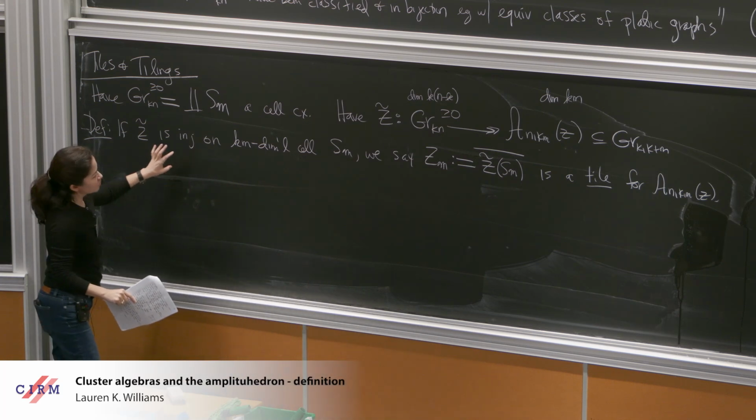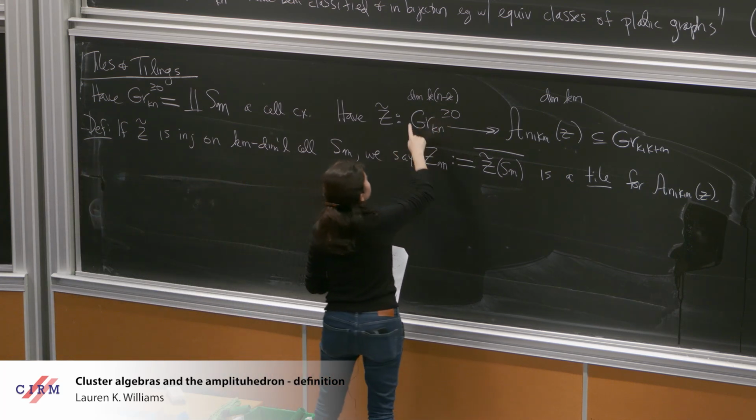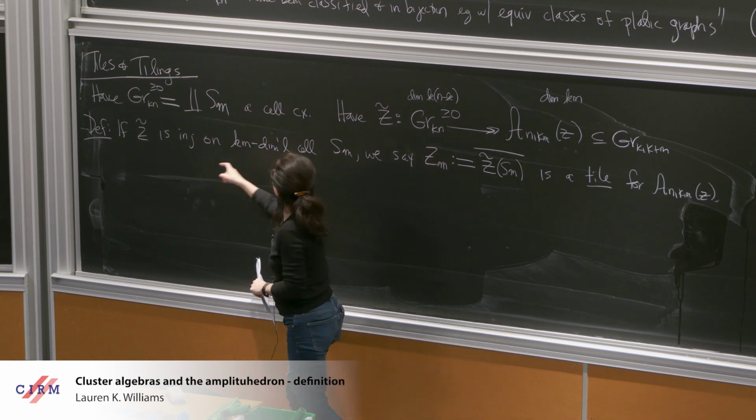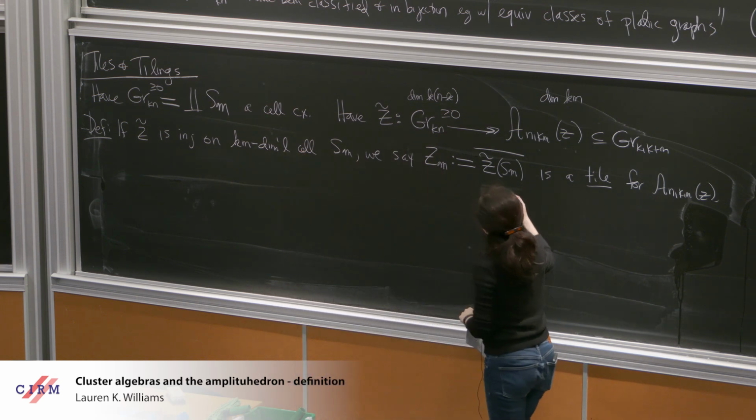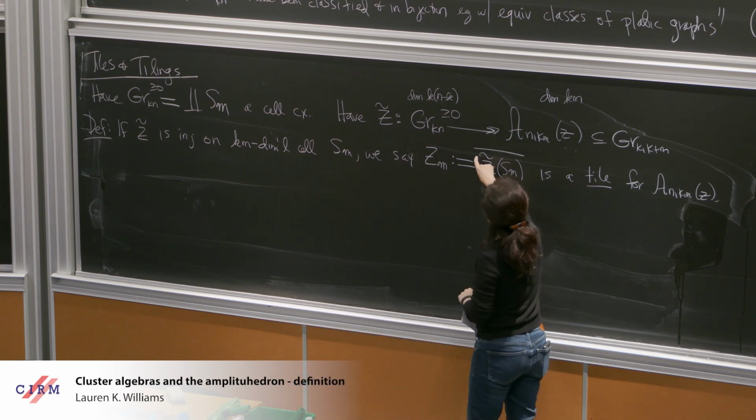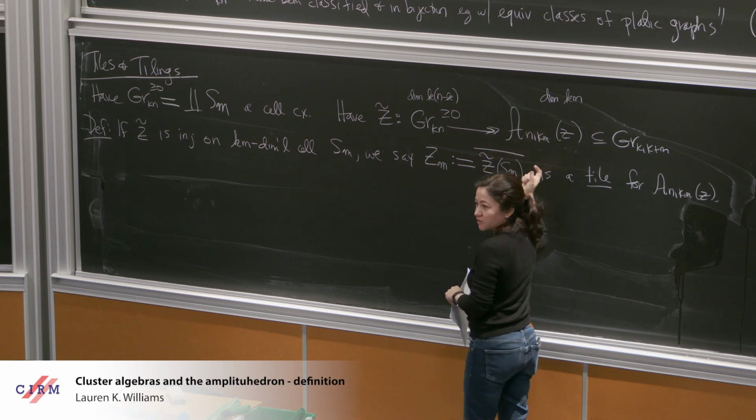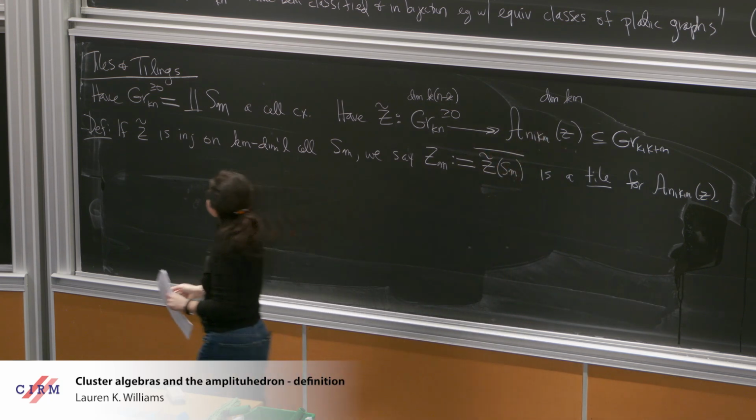So we are interested in particular in the km dimensional cells over here, such that Z tilde is injective on them. And when we find such a cell, we look at its image and take the closure and call that a tile.